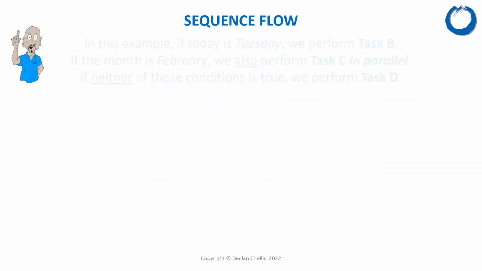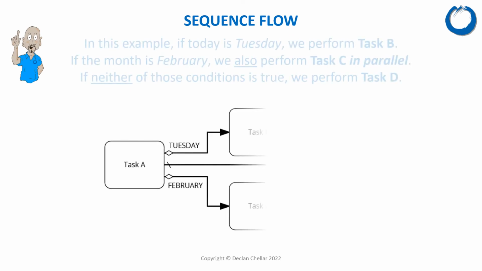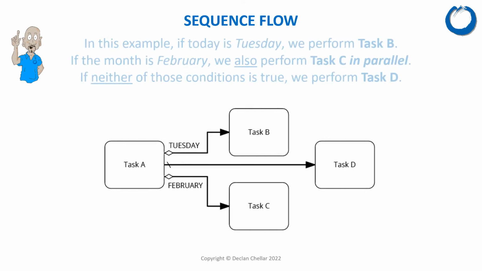In this example, if today is Tuesday, we perform task B. If the month is February, we also perform task C in parallel.